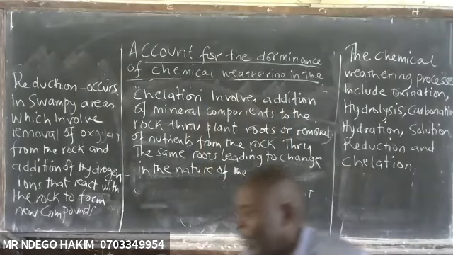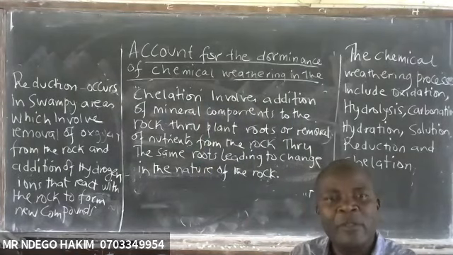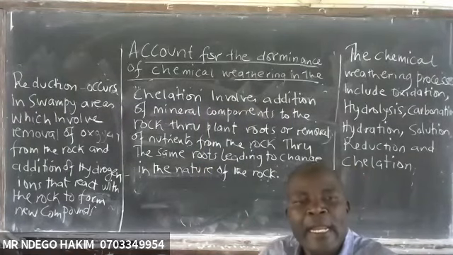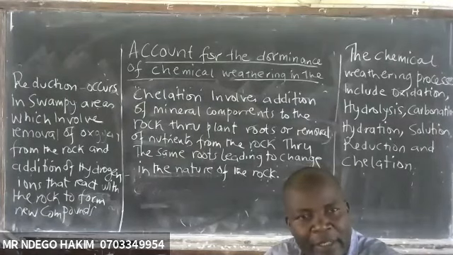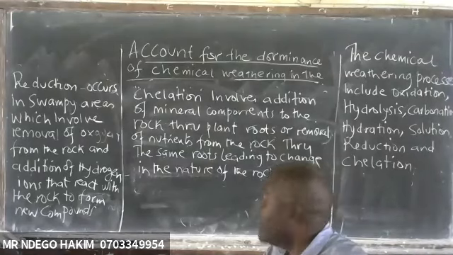Those are the chemical weathering processes. Remember, the question accounts for the dominance of chemical weathering in the tropical humid areas of East Africa.